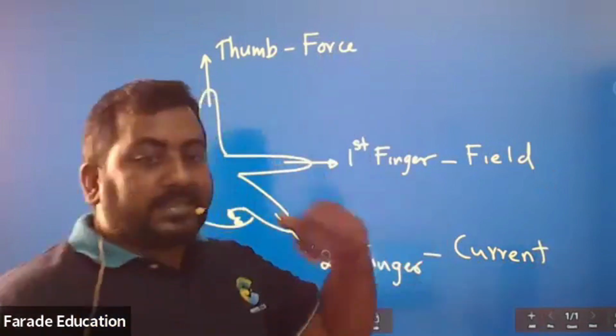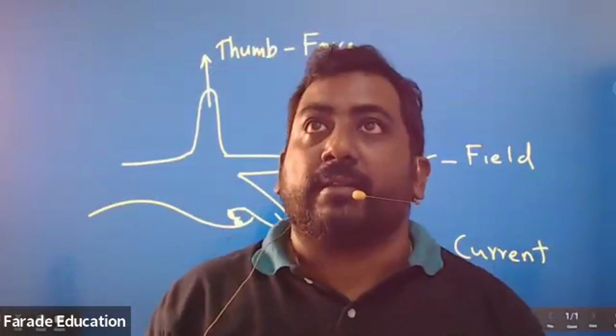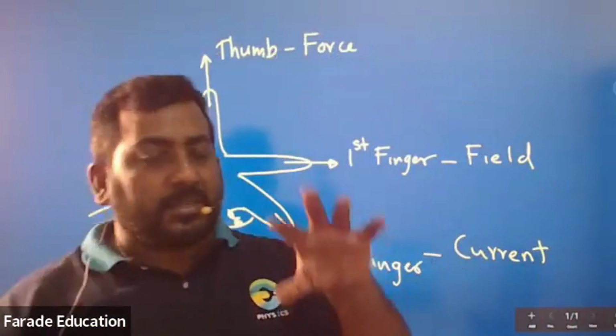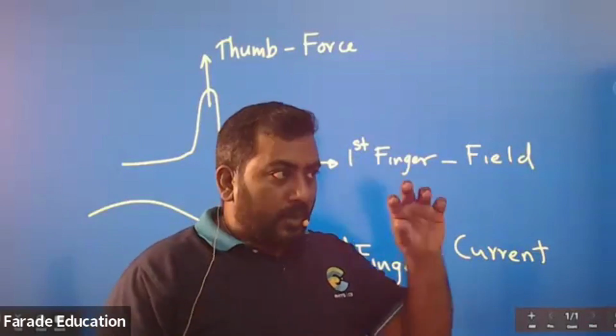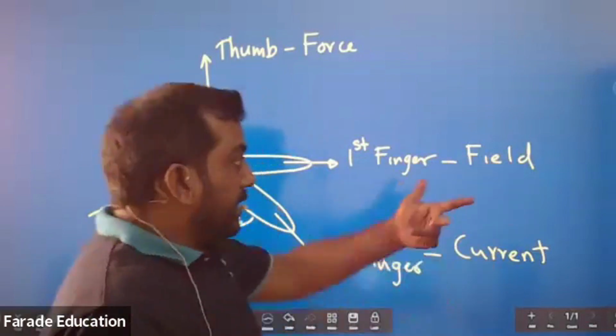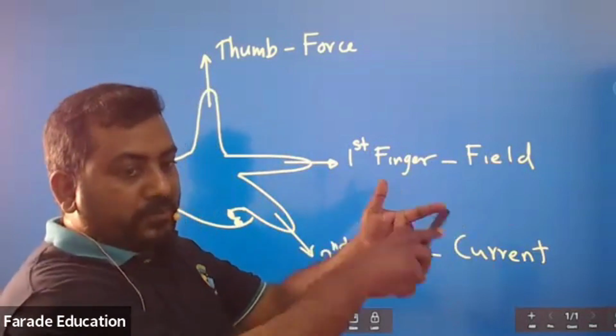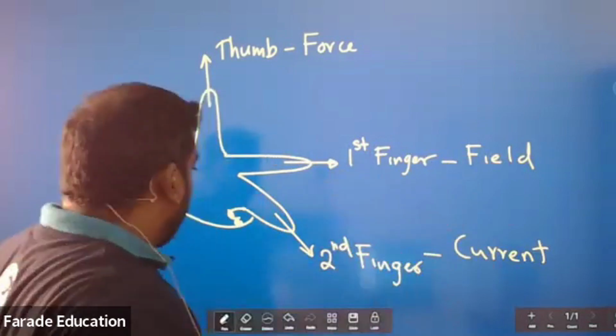Remember, current means the direction that positive charges travel, or opposite to the direction that electrons travel. So here: force, field, current. Now we're going to apply this.